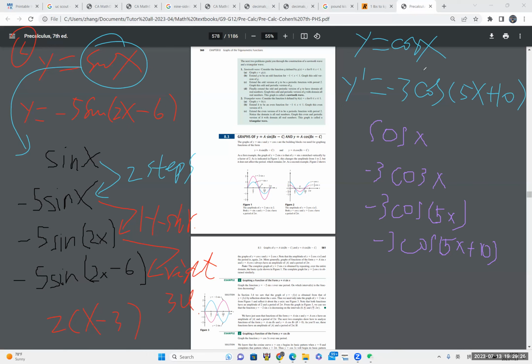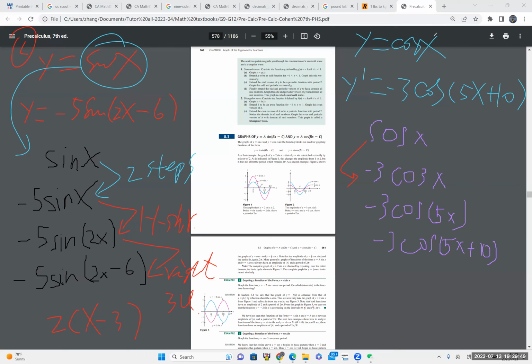Okay, then we're done. Now let's see how we make this from here to here. So first it stretches vertically by 3, I mean by 3 actually. And then it stretches vertically.